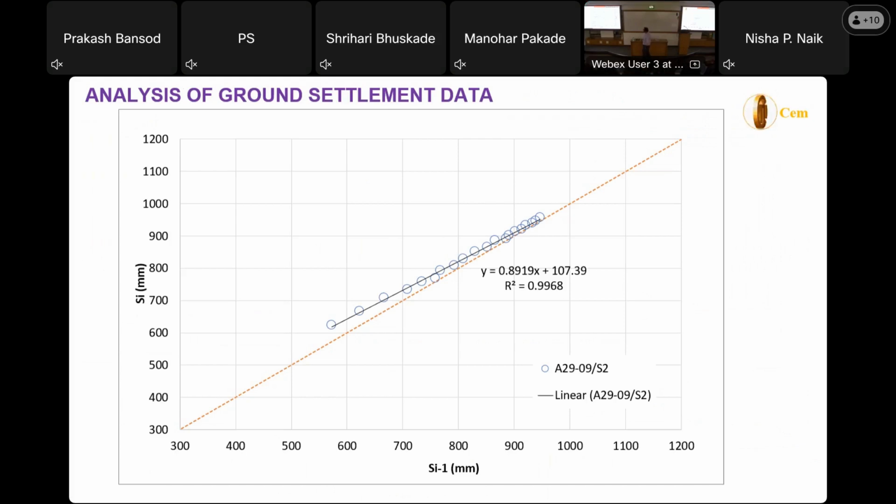In this graph, on the x-axis you put yesterday's reading, on the y-axis today's reading, and draw a 45-degree line. The 45-degree line means today's reading and yesterday's reading are the same, meaning no settlement is happening. So that is 100%. Once 100% is achieved, yesterday's settlement and today's settlement will be the same.